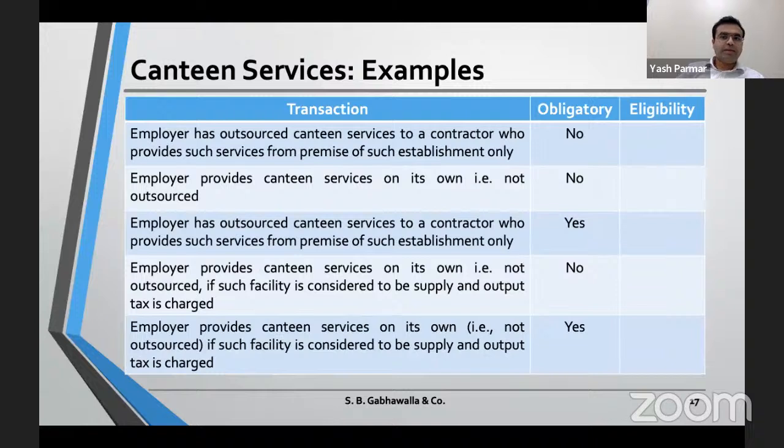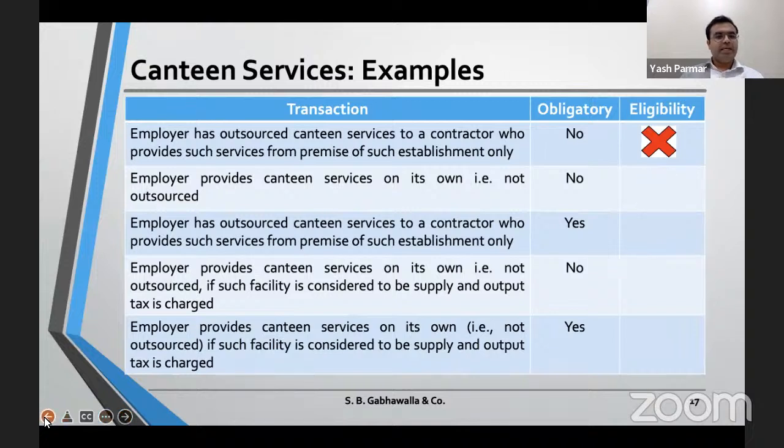In this particular example, the company is not under obligation. No other law obligates the company to provide these canteen or mess services to its employees. And therefore, as we saw, the proviso takes out services provided to employees only if they are obligatory under any law. In this case, because it is not obligatory under any law, ITC cannot be claimed.